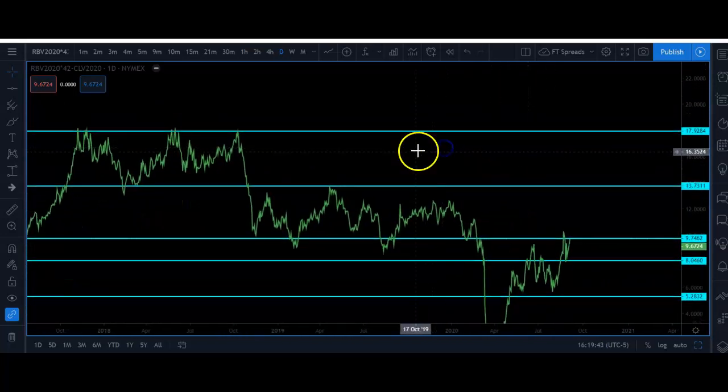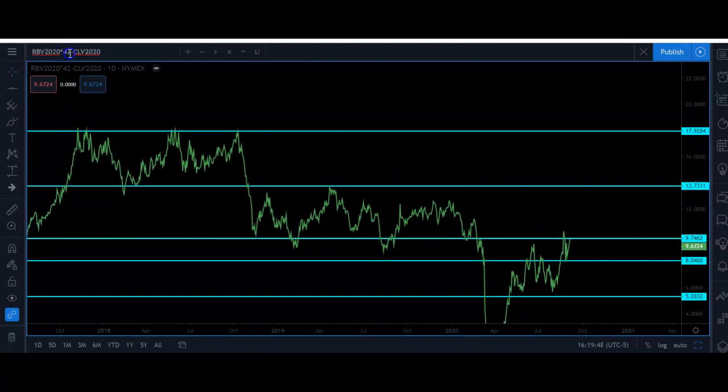So I'm looking here at RBV 2020 times the multiplier 42, because gasoline, heating oil, and all the petroleum products are resold to the retail market, and we know them as gallons. When you go get your gas and your diesel, you're buying it by the gallon. Crude oil is bought by the refiners by the barrel, and they refine it into 42 gallons of the component.